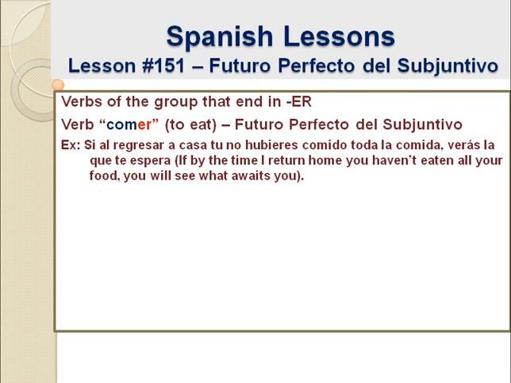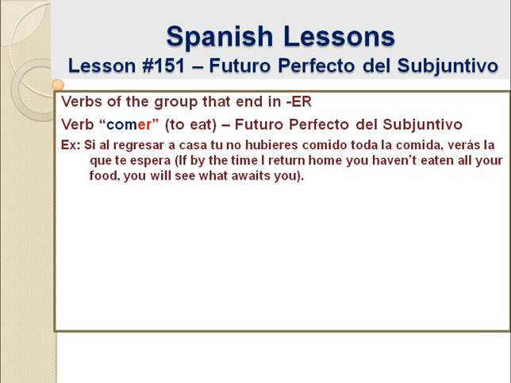Si al regresar a casa tú no hubieres comido toda la comida, verás la que te espera. If by the time I return home you haven't eaten all your food, you will see what awaits you. Okay? Let's see again. So, the futuro perfecto del subjuntivo is within the if clause, right?